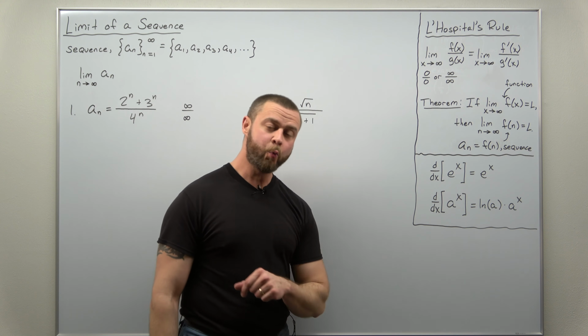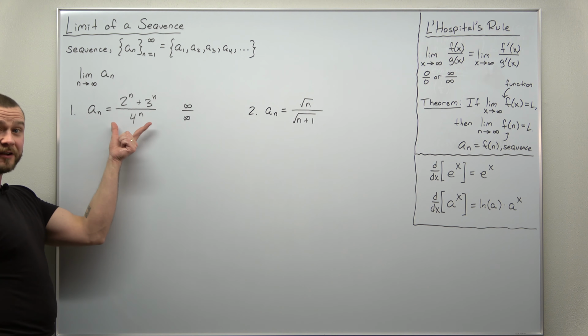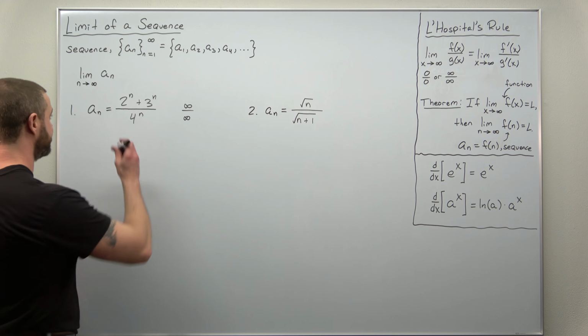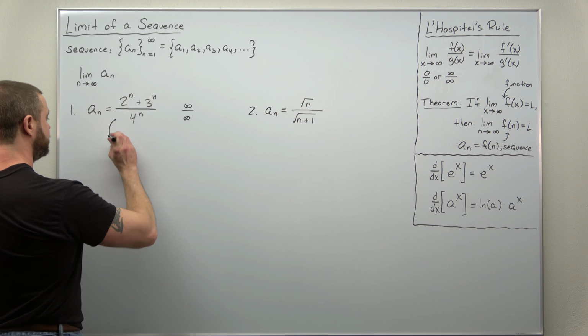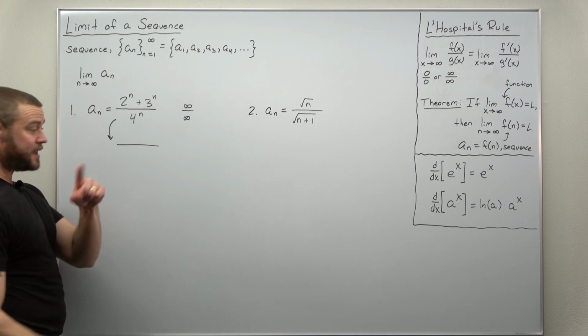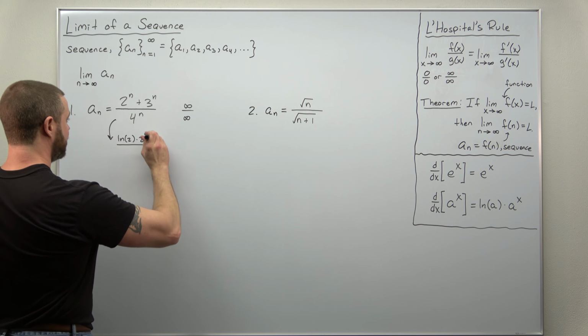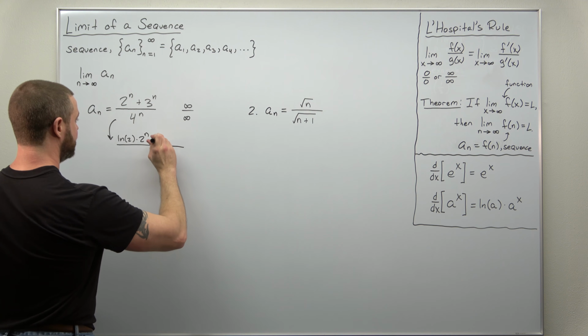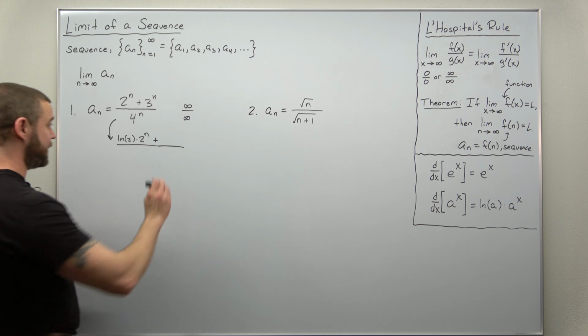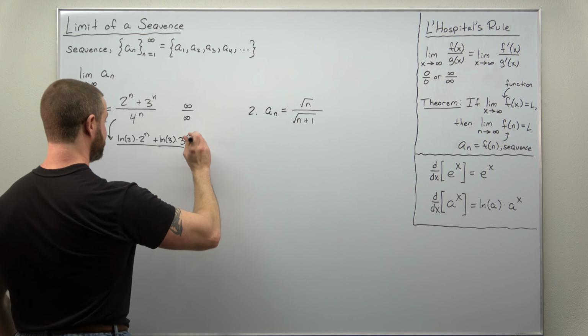All right, so if you were to apply L'Hopital's rule here and differentiate, notice what that would turn into. This would differentiate 2 to the n to natural log of 2 times 2 to the n. And when we differentiate 3 to the n, we get natural log of 3 times 3 to the n.